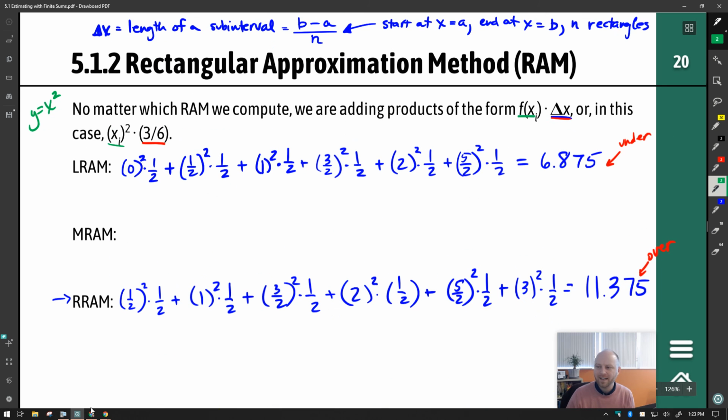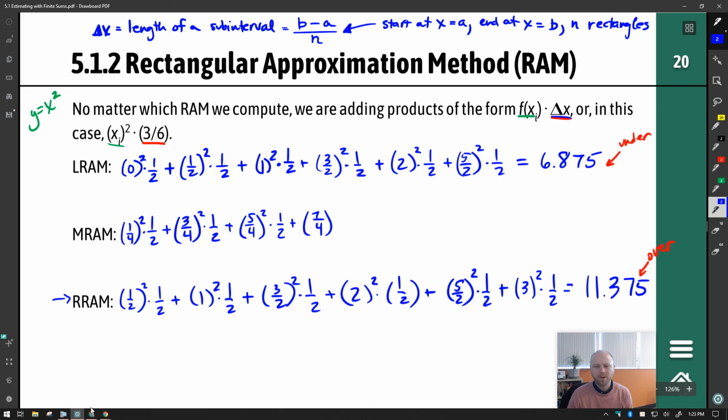And let's go to the next slide and get that in. So the first one's 1/4. We'll square it, we'll multiply by 1/2. And then what was next? 3/4, and we'll square it and multiply by 1/2. And then 5/4 and square it and multiply by 1/2. And then 7/4 and square it and multiply it by 1/2. And then 9/4 and square it and multiply by a half.